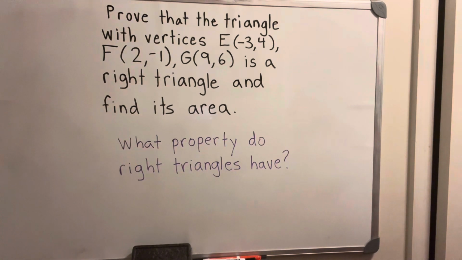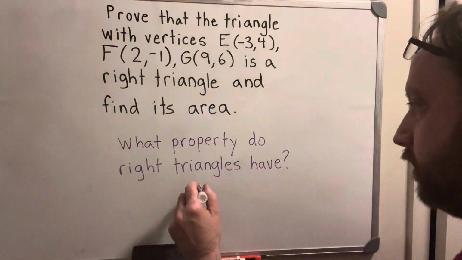So think about that. What property is characteristic of a right triangle? If you have to think about it, go ahead and pause this video and think about that before I give you a hint.